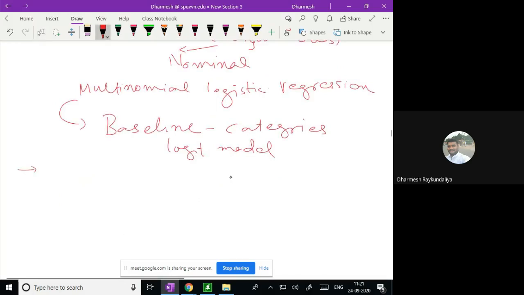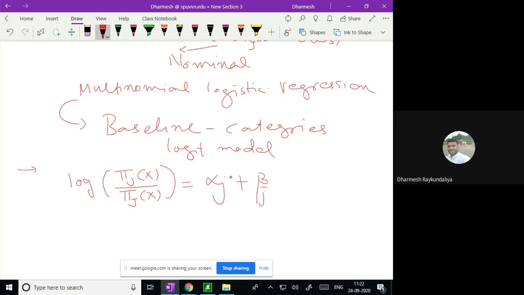Of course, when we talk about the baseline logistic model, how do we define it? It is defined as log of pi j given a value of x divided by pi J of x, which is nothing but alpha j plus beta j transpose x. If you have more than one regressor in x, how many categories are there?